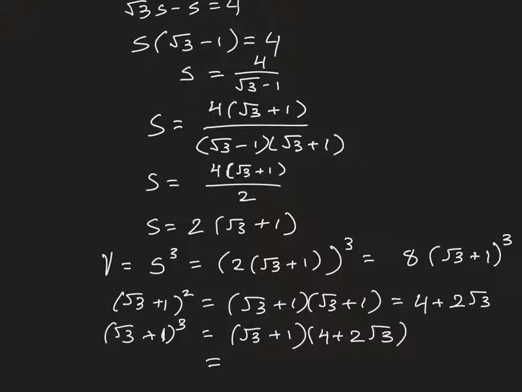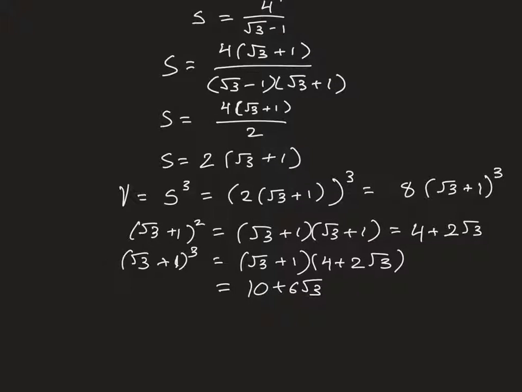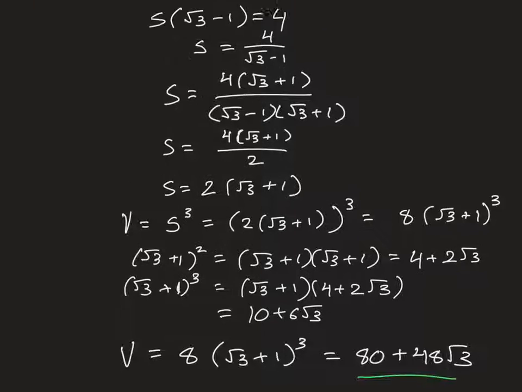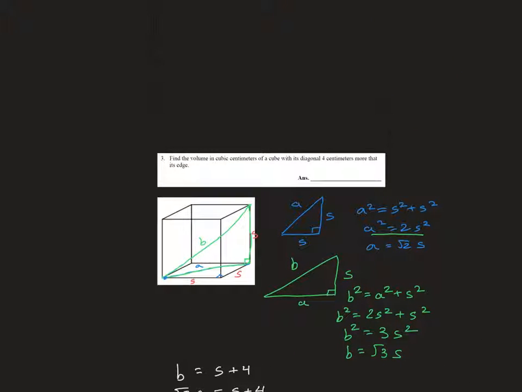And that's equal to 10 plus 6 root 3. But we have to multiply by 8 now, so volume is equal to 8 times root 3 plus 1 cubed equals 80 plus 48 root 3. So that's the volume of the cube, and we can write that up here now.